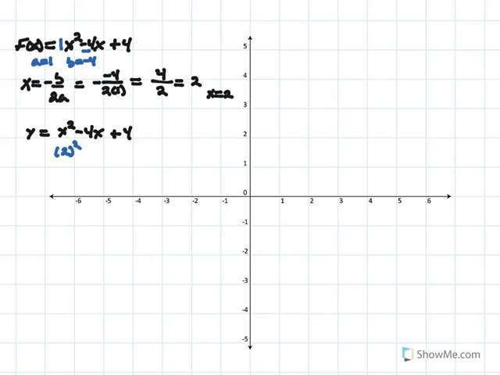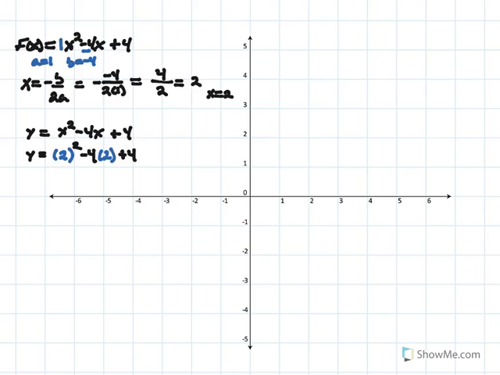Here, let me just color code it so you can see. So we're going to take the 2 and plug that in. In blue is where I'm plugging in the x, so you can see it. And now it's just a matter of figuring out the arithmetic here.